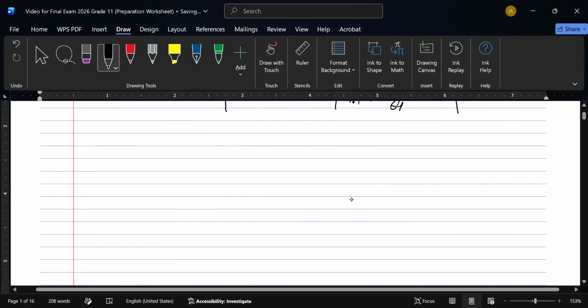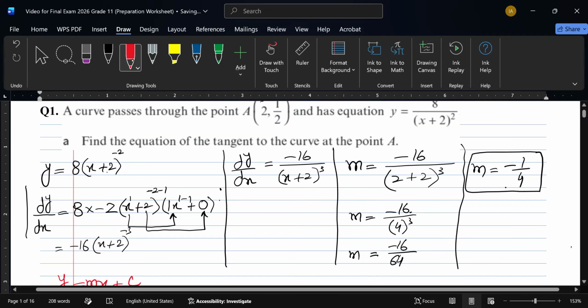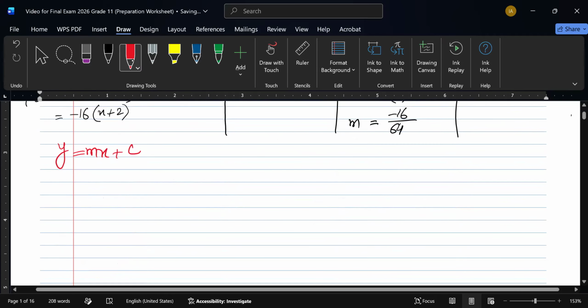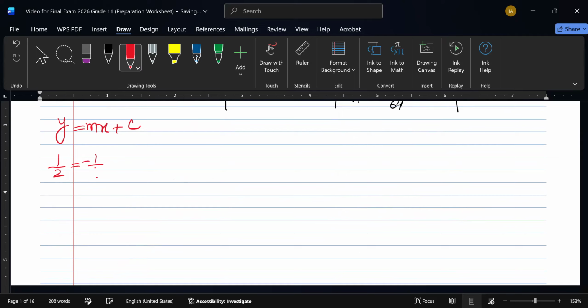So we have y is equal to mx plus c. If you look back to the point, the point is (2, 1/2) and the gradient is negative 1 upon 4. So we substitute y as 1 over 2, the gradient is minus 1 upon 4 and x is 2, with constant c.